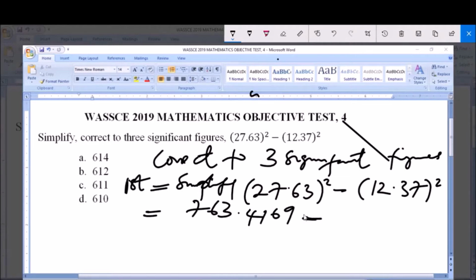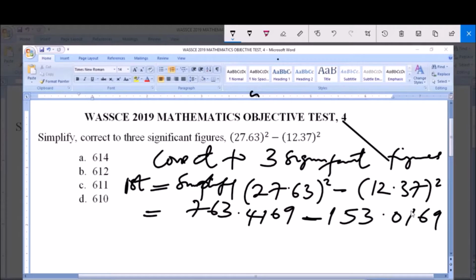Minus 12.37 squared. Now 12.37 squared is the same thing as 12.37 multiplied by 12.37, which is 153.0169.